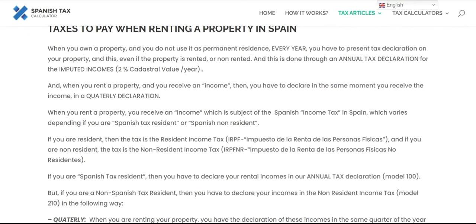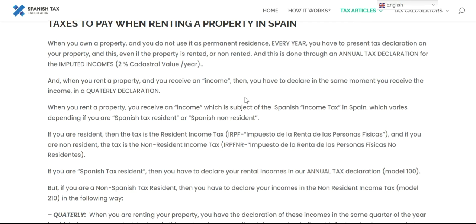The first thing that we are considering is that, being resident or non-resident in Spain, when you have a secondary residence that you have decided to rent, then you have to present income tax. You have to declare that rent for the income tax in Spain.